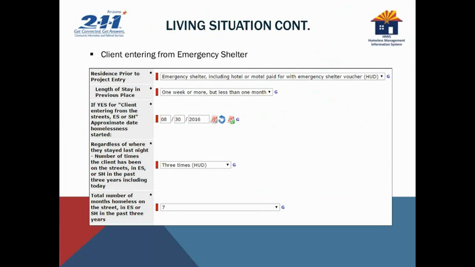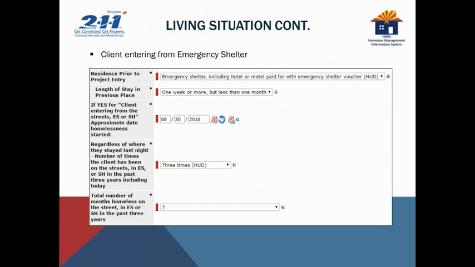For example, if your client is entering from the emergency shelter, the residence prior to project entry would say emergency shelter, including hotel or motel paid for with emergency shelter voucher. The length of stay in previous place, for this example, would be 1 week or more, but less than 1 month. Your next question would say, if yes, for client entering from the streets, emergency shelter, or safe haven, the approximate date homelessness started.